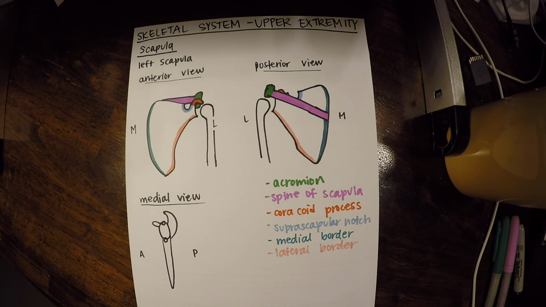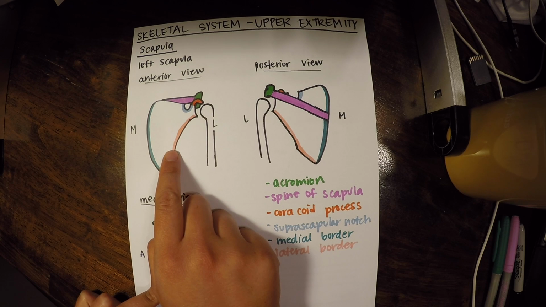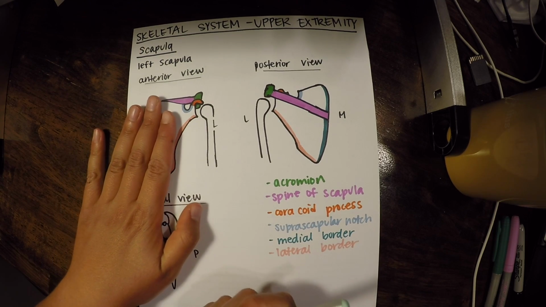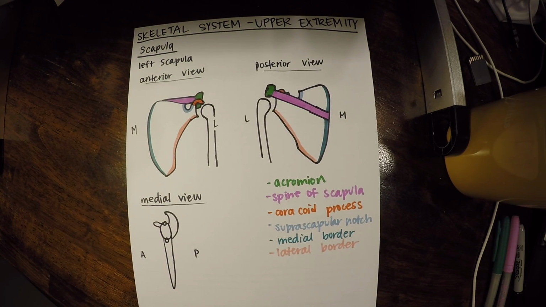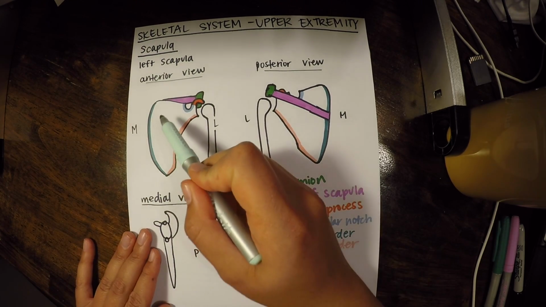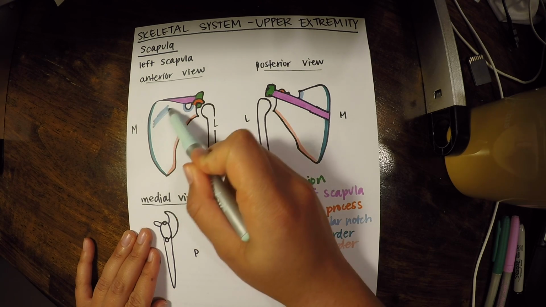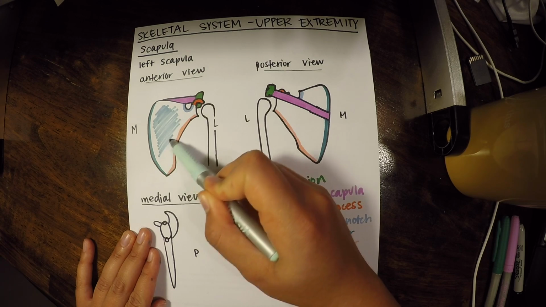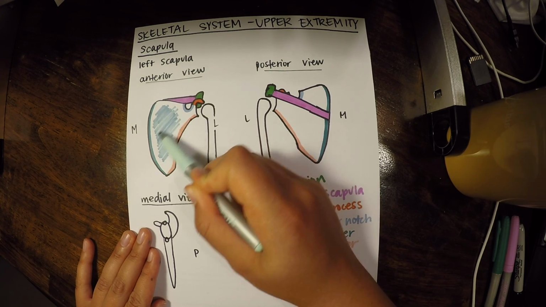So I'm going to show you one fossa. Remember, here we're looking at the anterior view of the scapula. So this is the front of the scapula. That's going to be squished up against the rib cage. So just note that. I'm not going to color the whole thing in, but I'm going to give you a basic little coloring of this area here, because that's about where the fossa is.